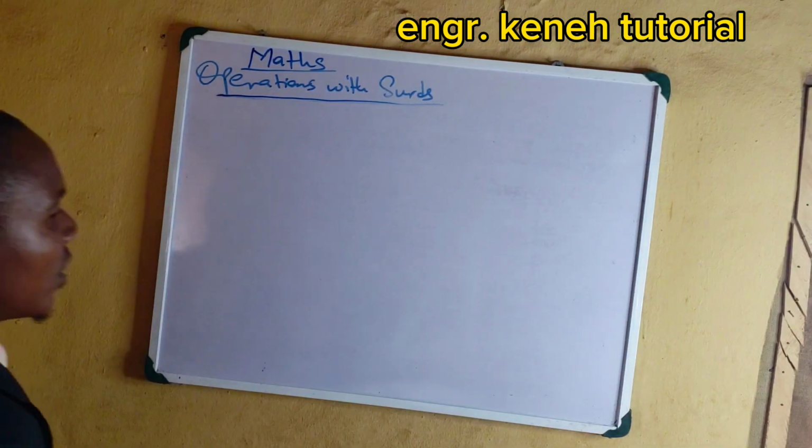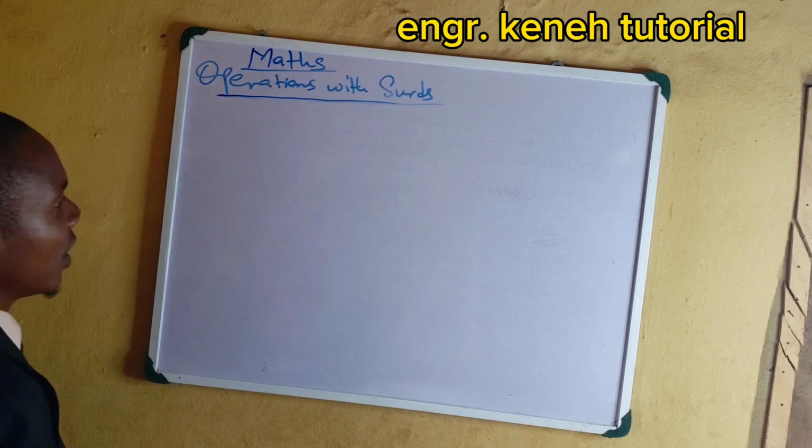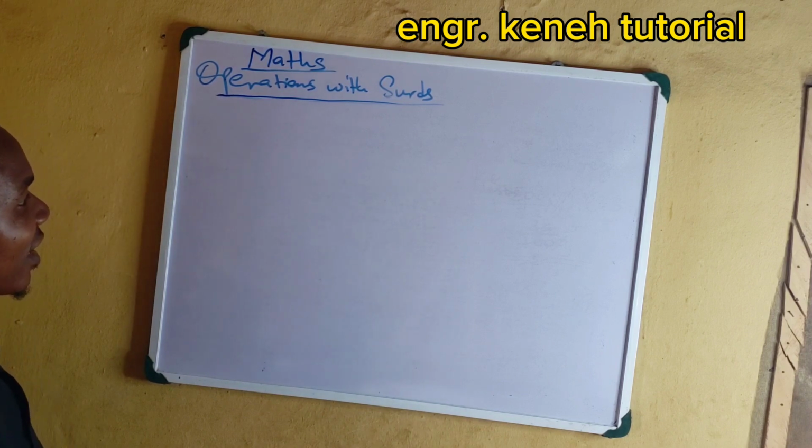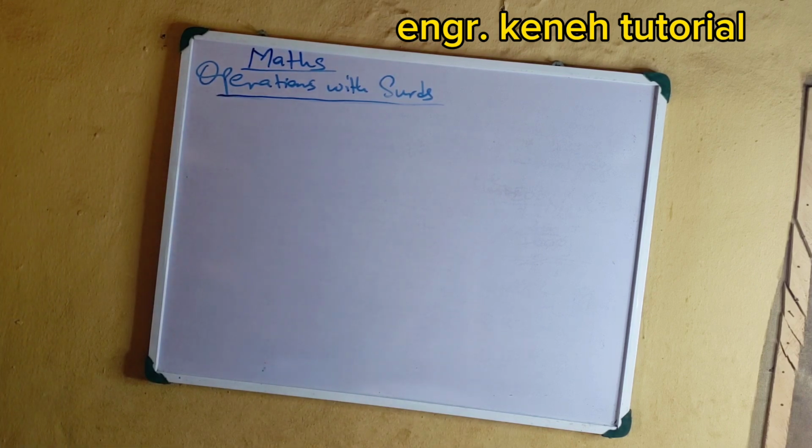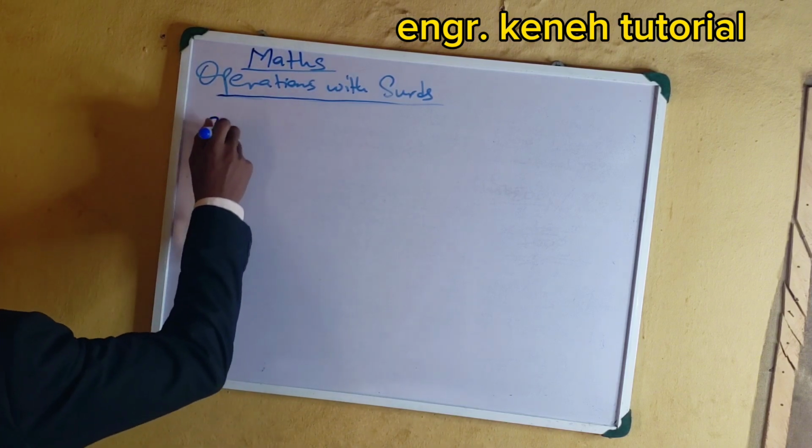All right. You can also be asked to express a simplified surd as a single surd. For example, we have something of this nature.